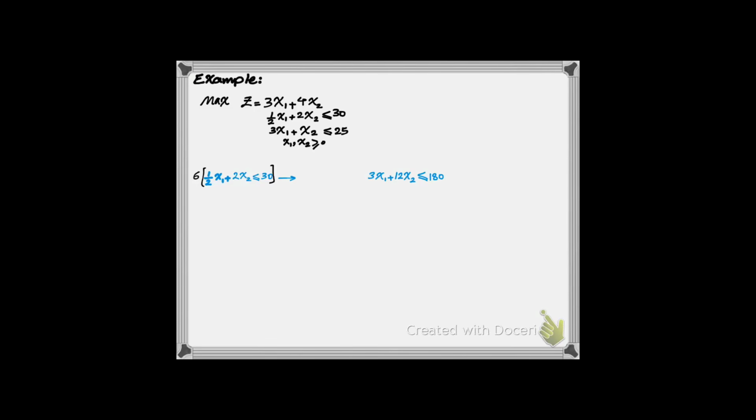Now, if you compare the left-hand side of this constraint, the 3x1 plus 12x2, with the objective function equation, which is 3x1 plus 4x2, you notice that the coefficient of x1 in this new constraint, 3, is greater than or equal to the coefficient of x1 in the objective function.